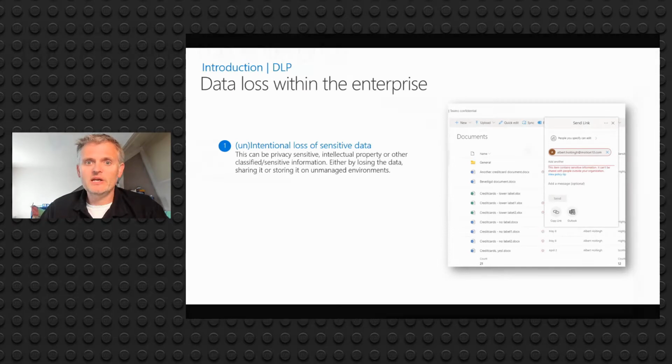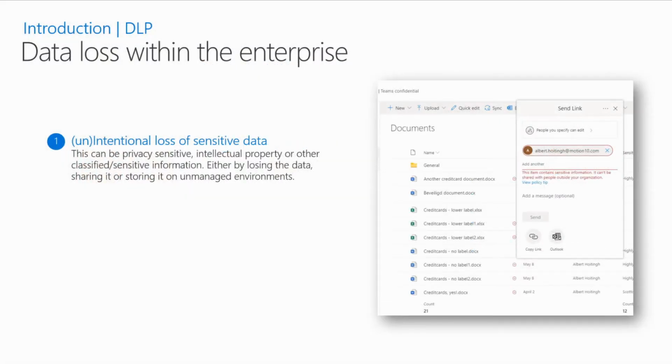So let's take a look at that. Data loss within the enterprise can be unintentional, if someone doesn't really know they're sharing confidential information. It might be, for example, that they're using Microsoft Teams and, within a conversation, they loosely share some information which shouldn't have been shared with the external parties within that team.